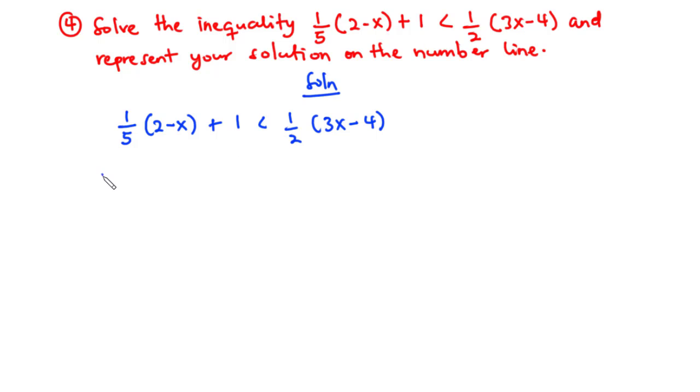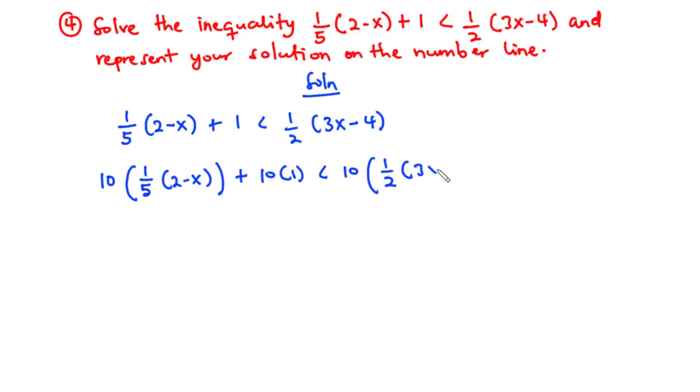So we have 10 times 1/5 times 2 minus x plus 10 times 1 is less than 10 times 1/2 times 3x minus 4. 5 goes here once, here 2 times.